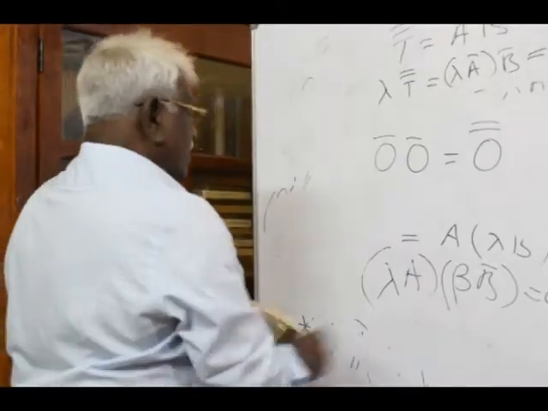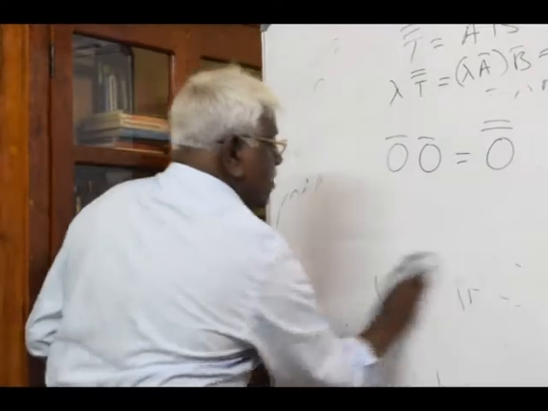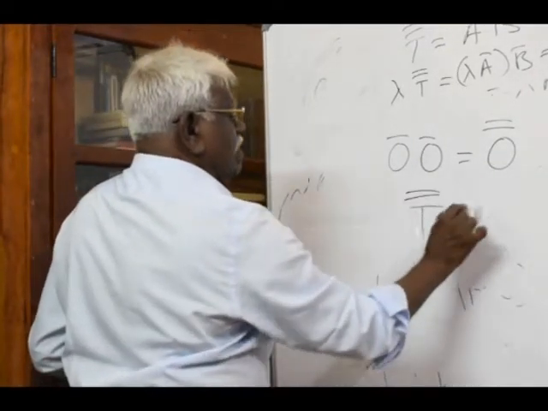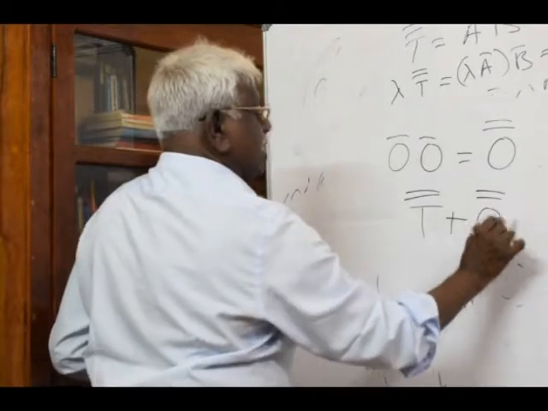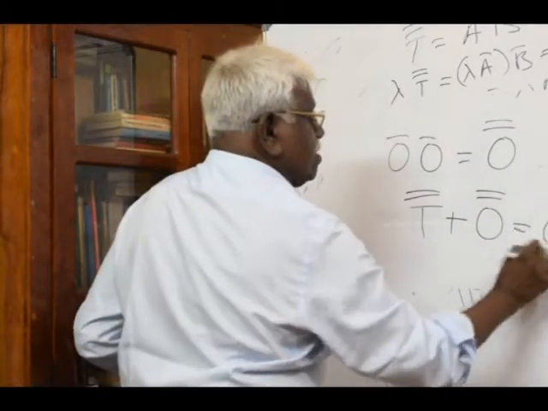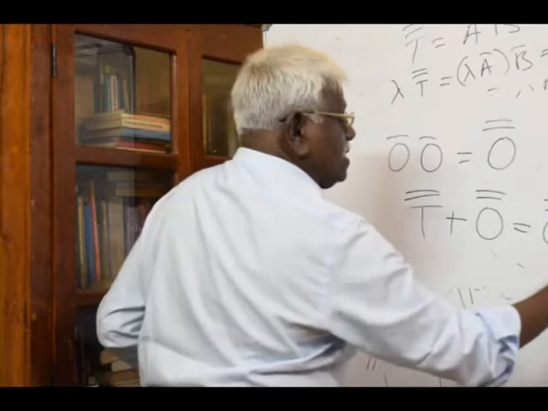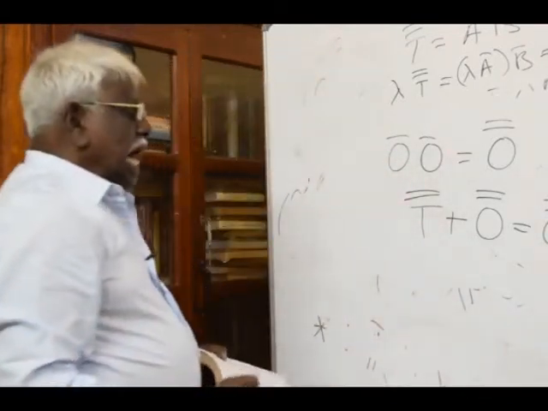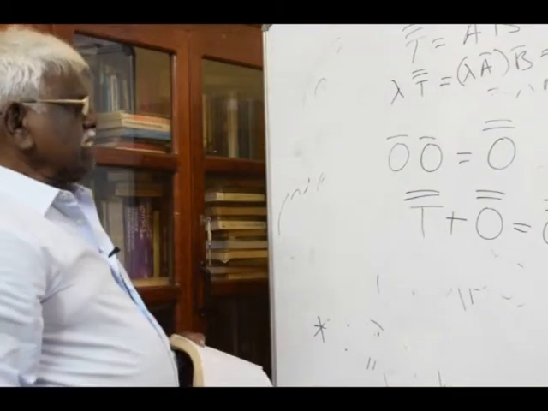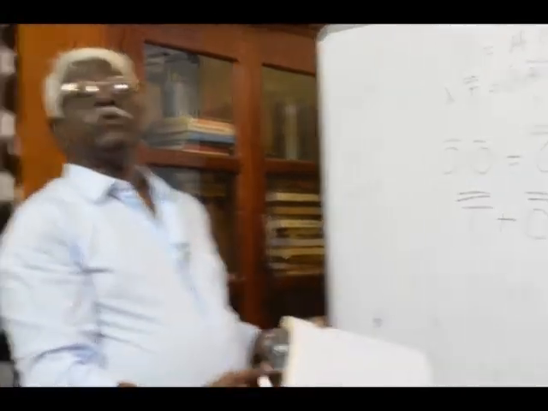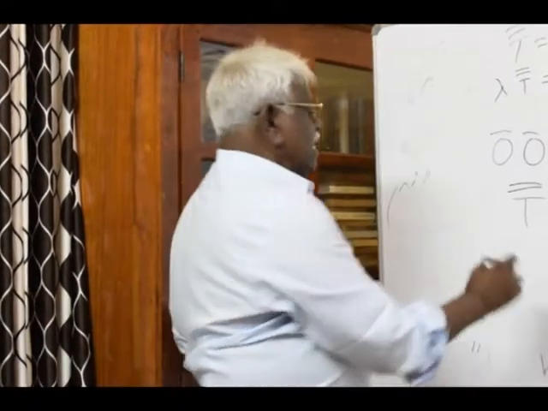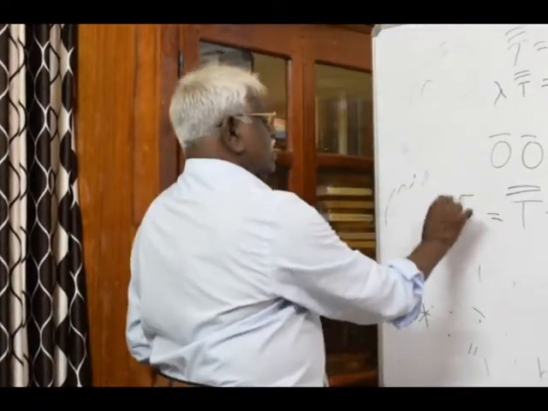And the second rank tensor T equals the zero second rank tensor plus T, and this zero second rank tensor is the additive identity existing in second rank tensorial space. This is tensor T.